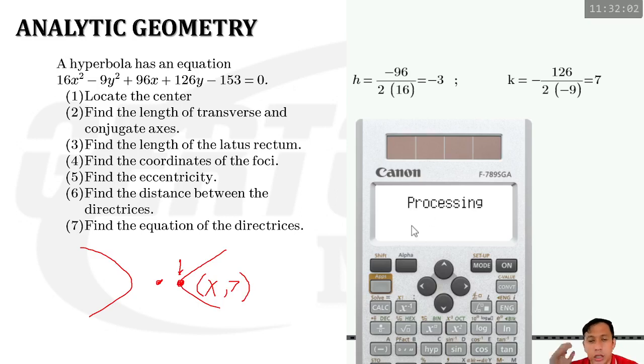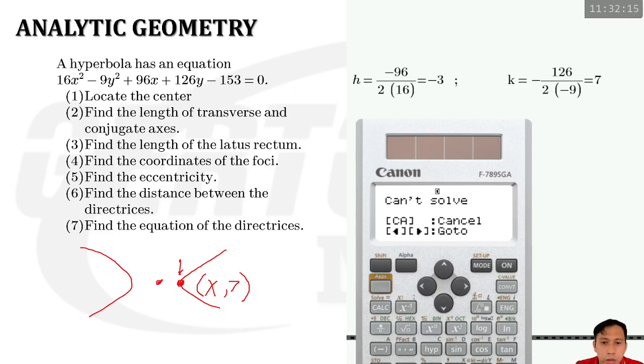Yan yung initial assumption ko. So if tama ako, it should give me a value of x where that curve passes through. Now, as you can see, can't solve siya. Why? Kasi it could be na pag ganito yung graph, upward, downward, no? So, what I would do is, i-change ko.